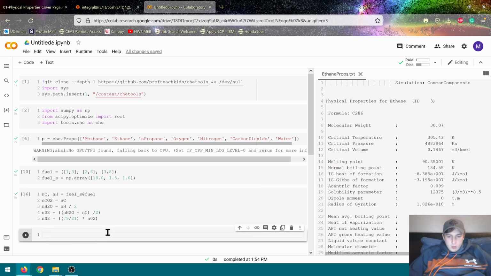Now that that is working, what we're going to do is set up our N equation.